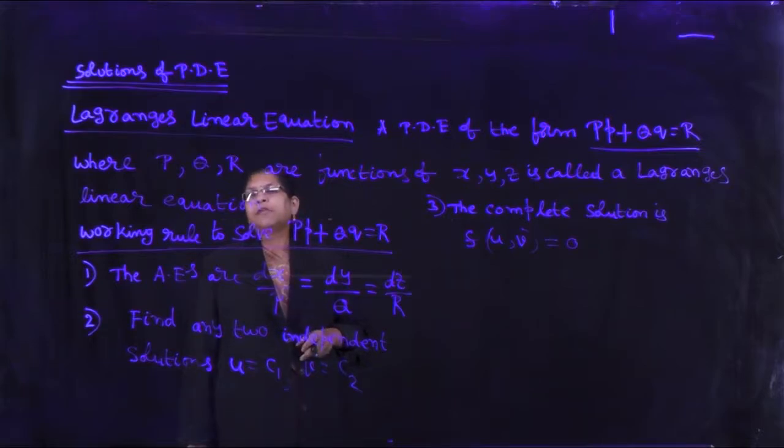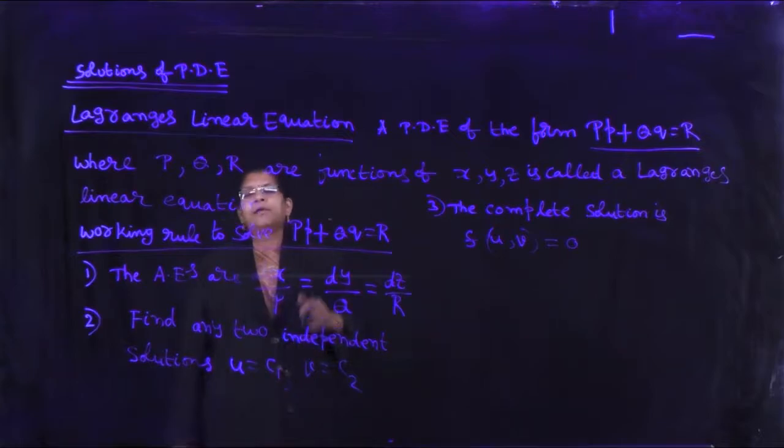So what is the working rule to solve Lagrange's linear equation? If a Lagrange's linear equation is given, first you identify what is capital P, what is capital Q, what is capital R. Then you write down the auxiliary equations.